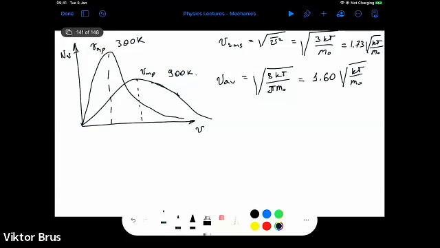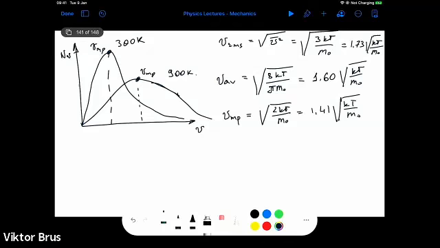And there is one more, which is defined by the position of the maximum of this Maxwell-Boltzmann distribution. This is the most probable velocity. It is equal to the square root of 2kT divided by m naught, equal to 1.41 square root of kT divided by m naught.